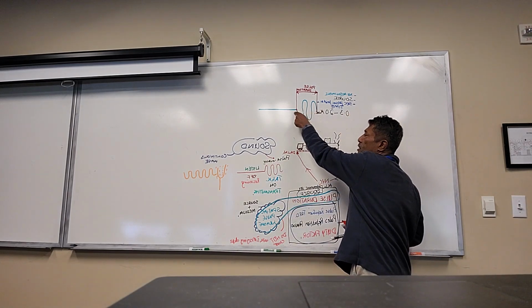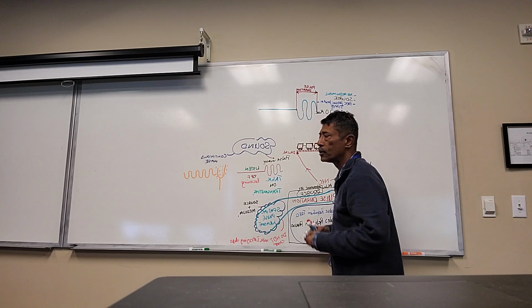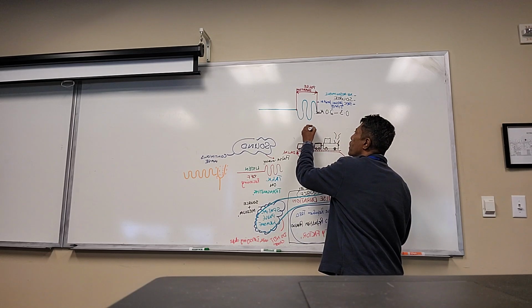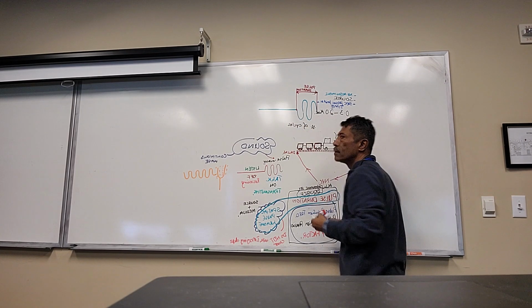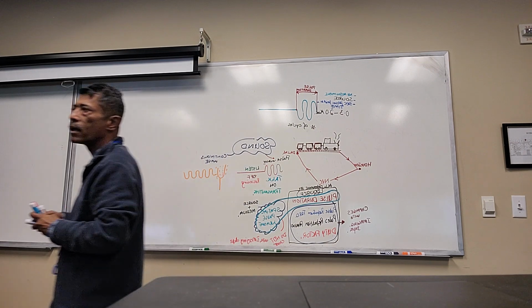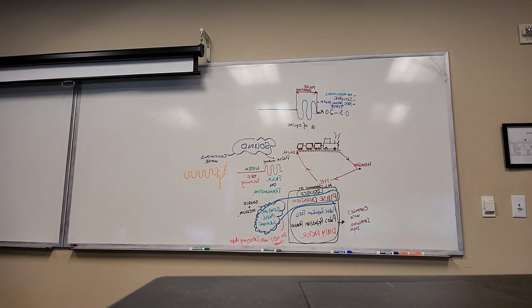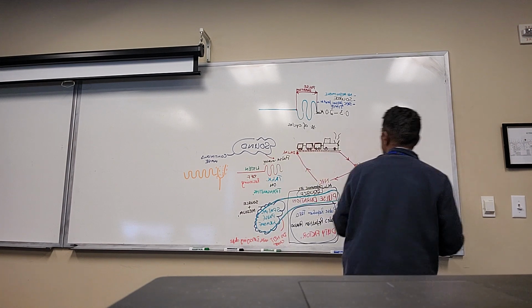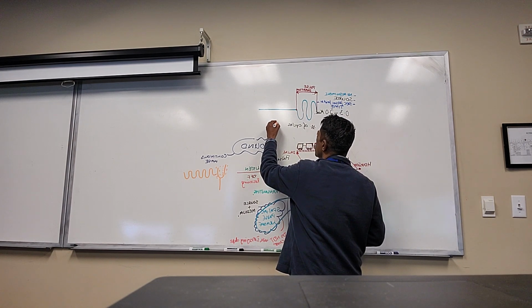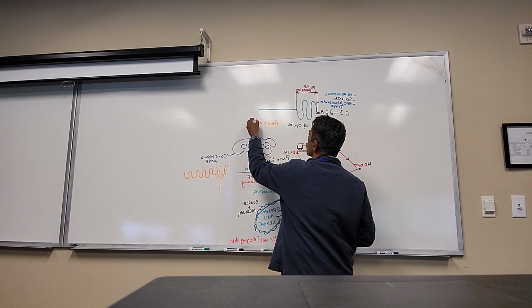How many cycles are present, so that means the number of cycles. The more the number of cycles, the longer the pulse duration. And the period of an individual cycle. Two factors: number of cycles and period of an individual cycle.